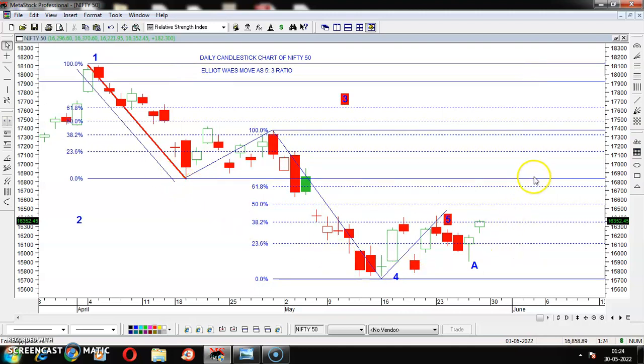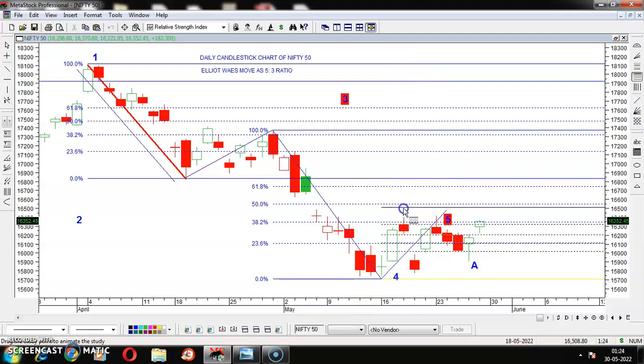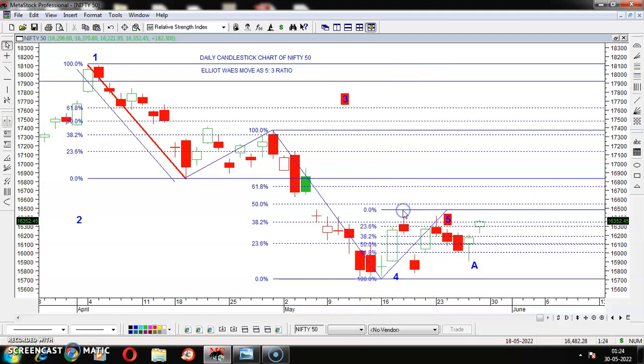Now let me again plot the Fibonacci retracement to find out the retracement level. We have to find out the retracement level from here. So this is the fourth wave, the fifth wave has started. It may come up to 50% or 61.8% or 100% or more than 100%.